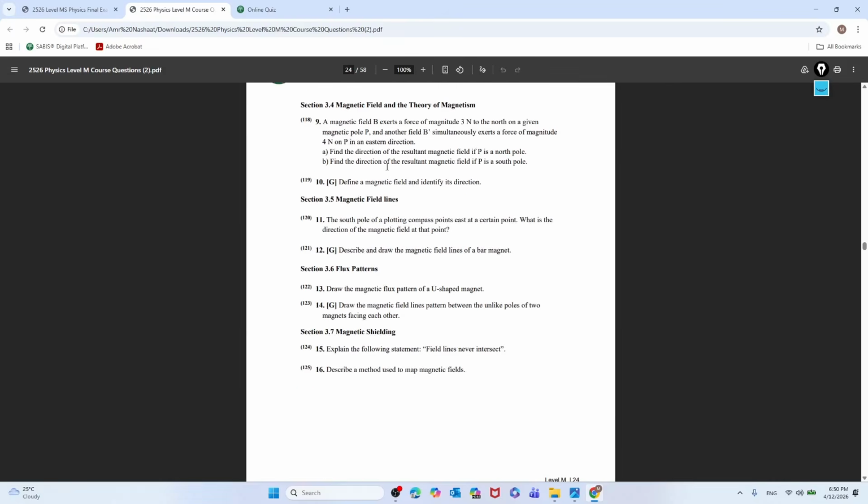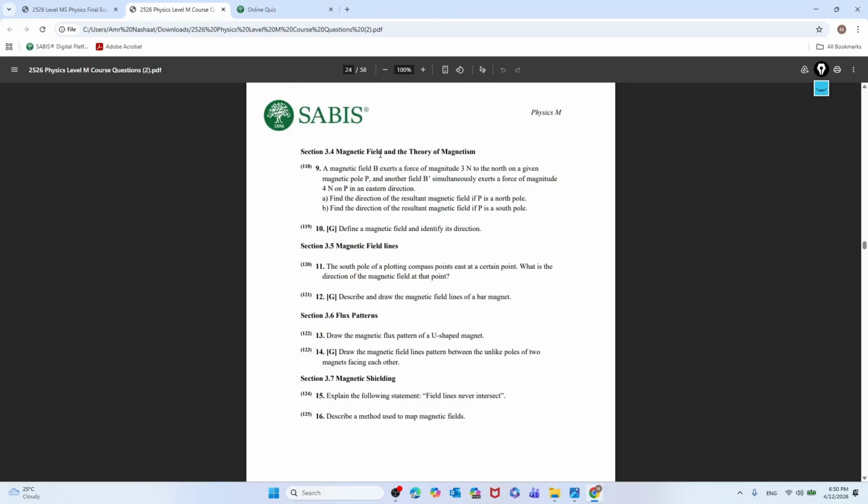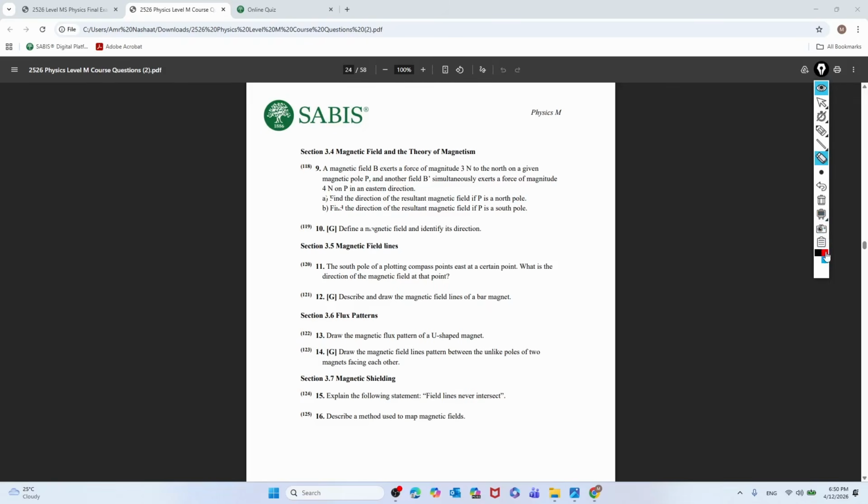So here I'm going to solve CQD's number 9. Where's number 9? Okay. A magnetic field B exerts a force of 3 newtons to the north on a given magnetic pole P. So let's say here you have P. Now 3 newtons north, so there's a magnetic force here.